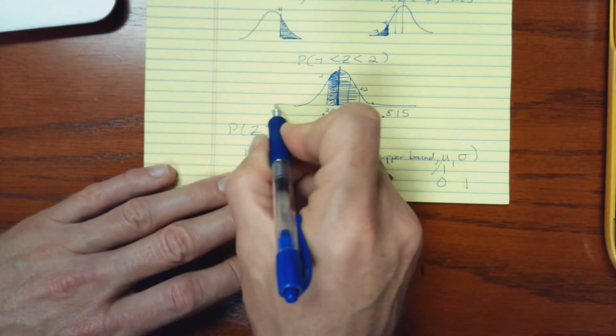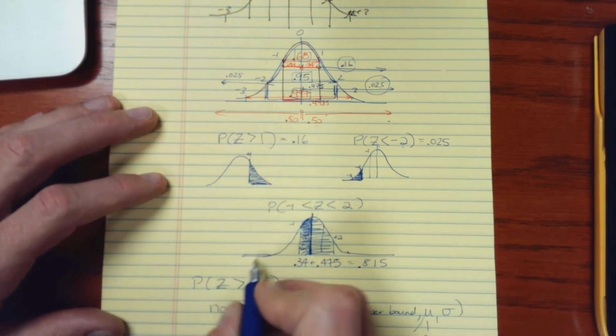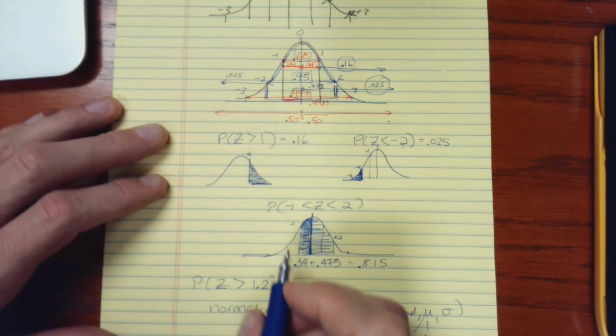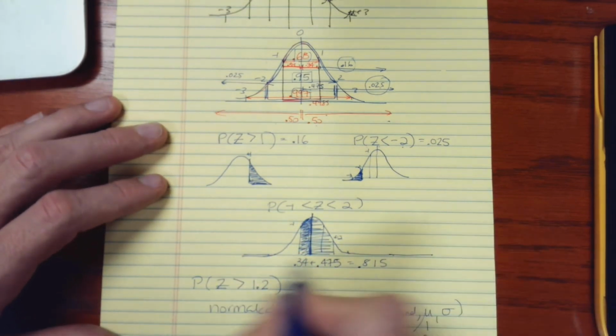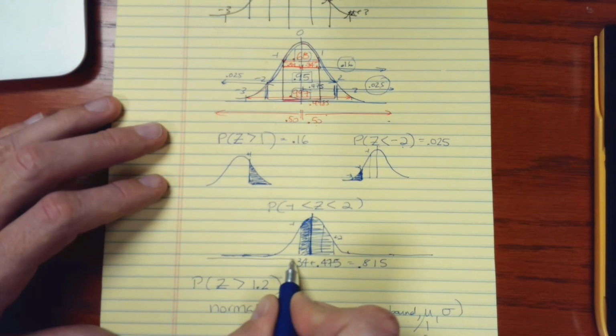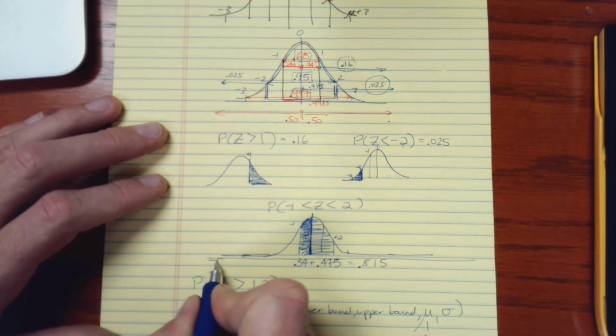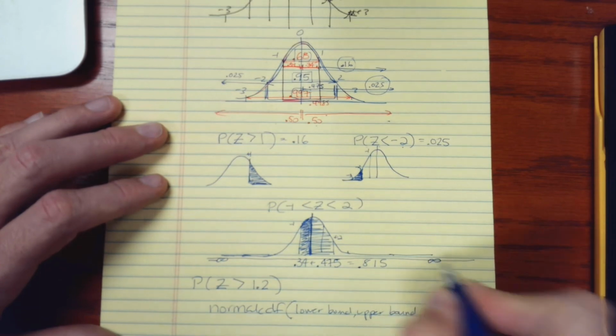So a key here is to recall that this distribution, our standard normal distribution, goes on and on forever in both directions. This curve gets closer and closer to our horizontal axis, but it never actually touches it, so it goes down to negative infinity and up to positive infinity.